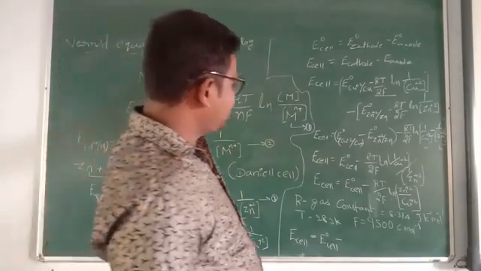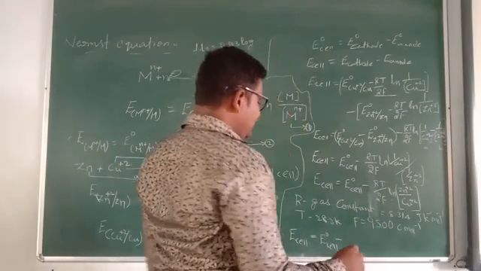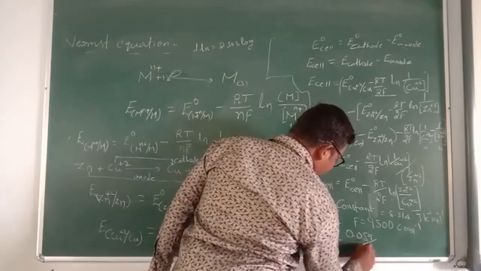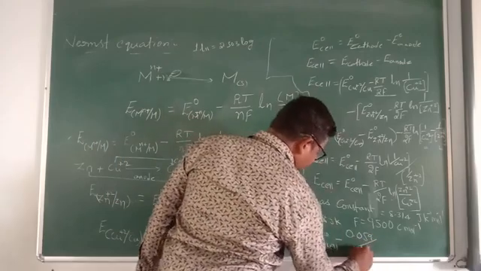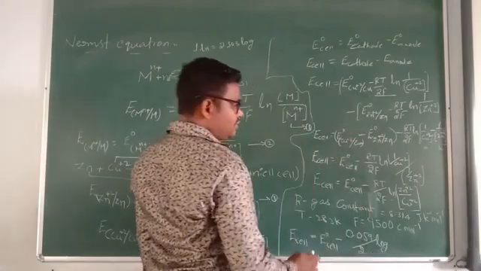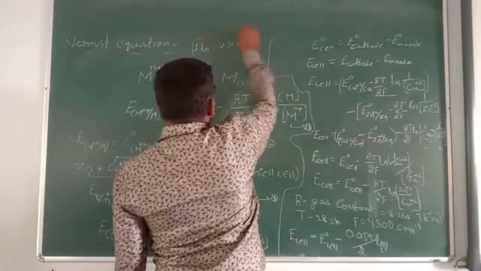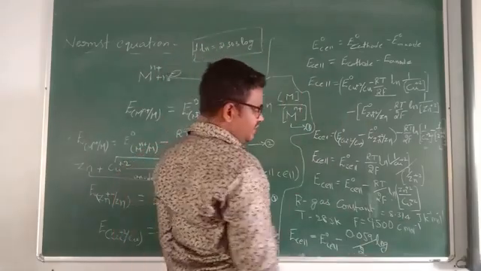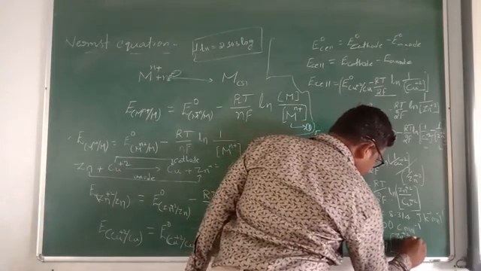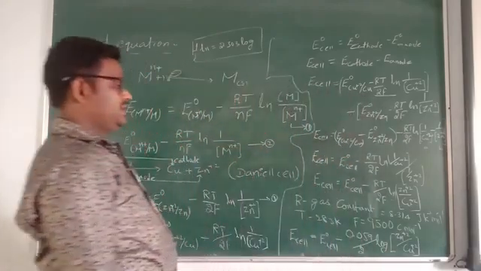This 2.303 value and the RTF value together become 0.059 by 2 log. Now we should not write ln, because ln is converted into log: 1 ln is equal to 2.303 log. So Zn ions concentration divided by copper ions concentration.